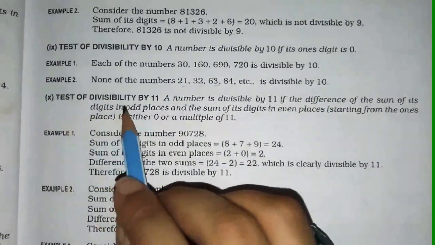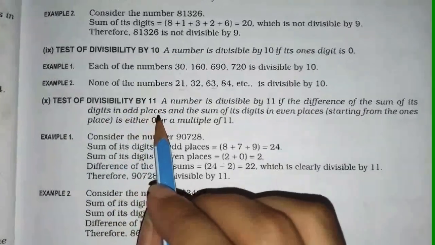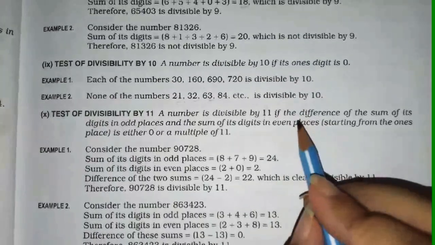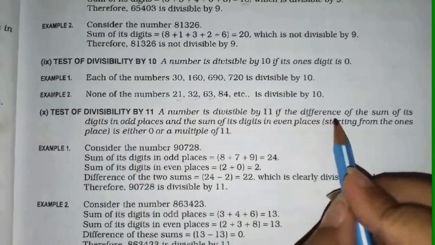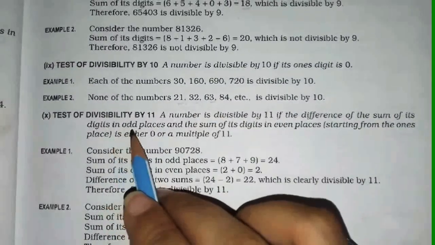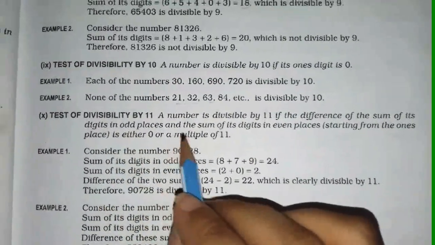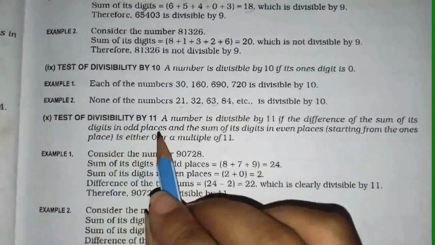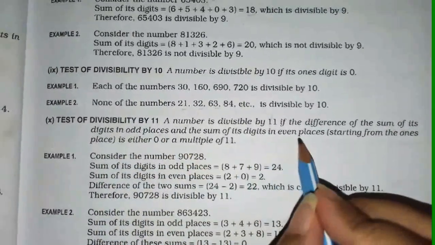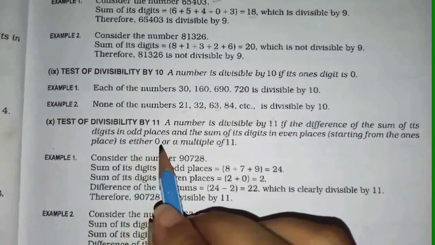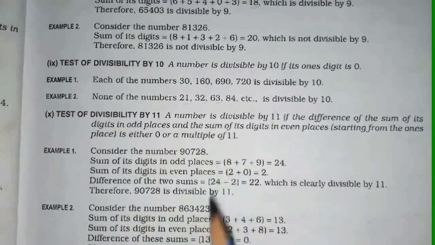Last, test of divisibility by 11. The test of divisibility by 11 says that if the difference of the sum of digits in odd places and the sum of digits in even places is either 0 or a multiple of 11, then the number is divisible by 11.